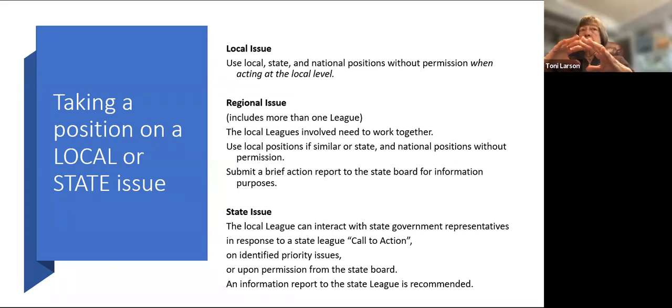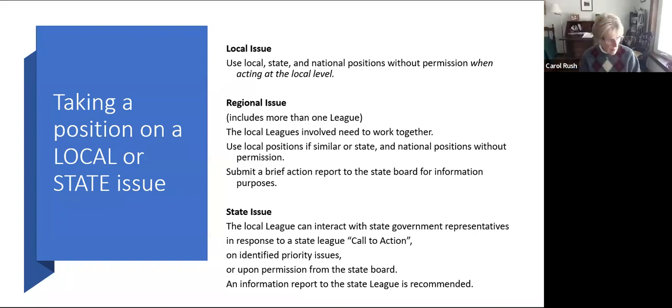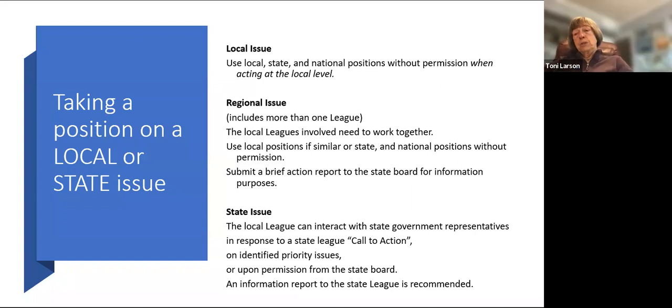And if it's something that's been identified as a priority issue, you can do the same thing. You can also go to the state board and ask permission if you're not quite sure. An information report to the state league is always helpful, so we know what's going on in the different local leagues.